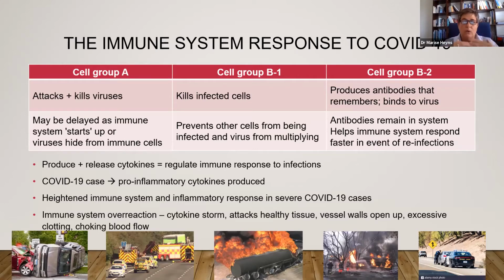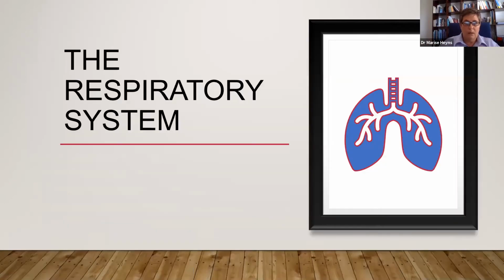In that way, it can cause damage to blood vessel walls, which means the blood vessel will start leaking. And that means your body will now start clotting these leaking blood vessel walls, and you have excessive clotting, and those excessive clots can then choke blood flow. Okay, so keep in mind this cytokine storm that you can get.